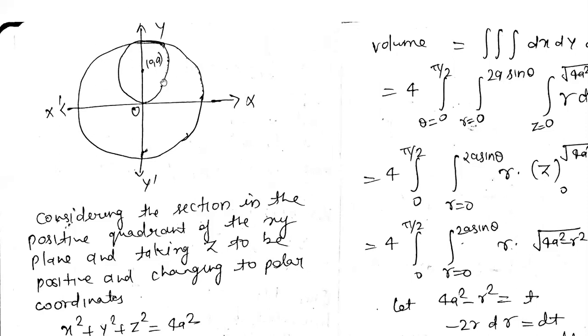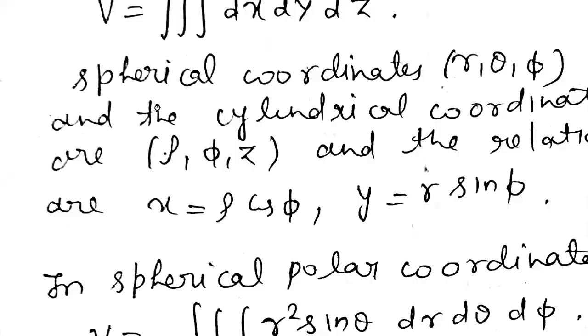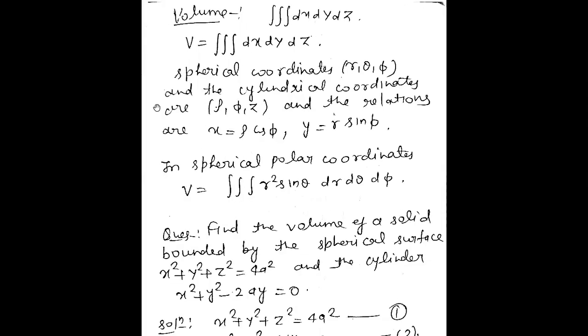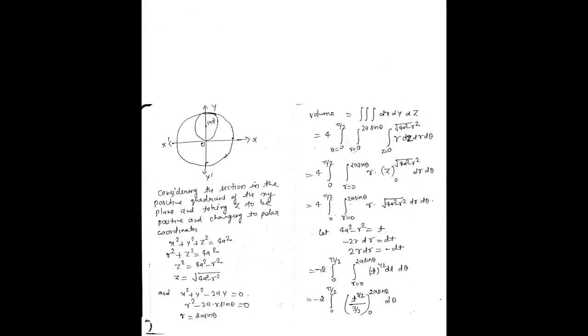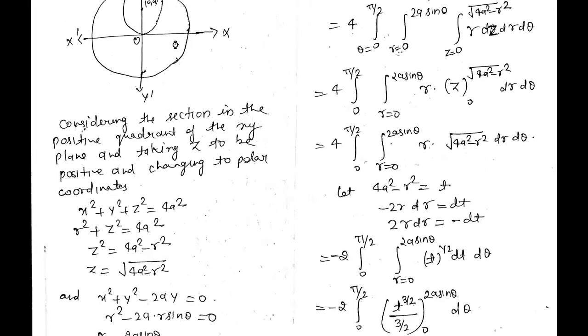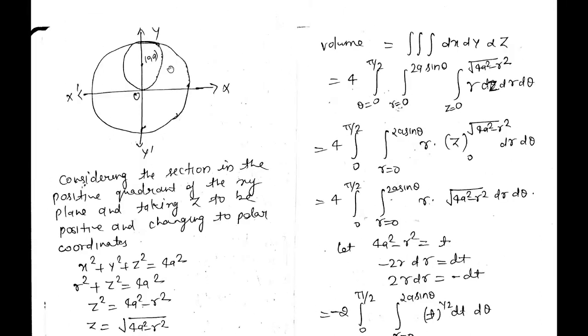This other circle is given by x square plus y square minus 2ay is equal to 0. So this is also a circle, having its center on the y-axis at (0, a), and this circle is inside the circle x square plus y square is equal to r square.